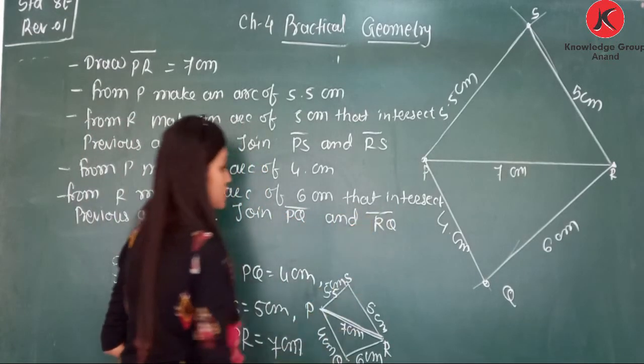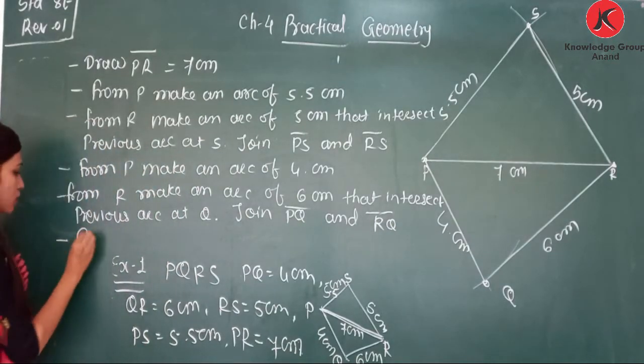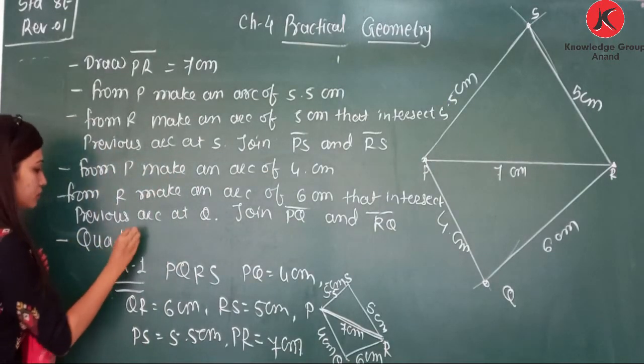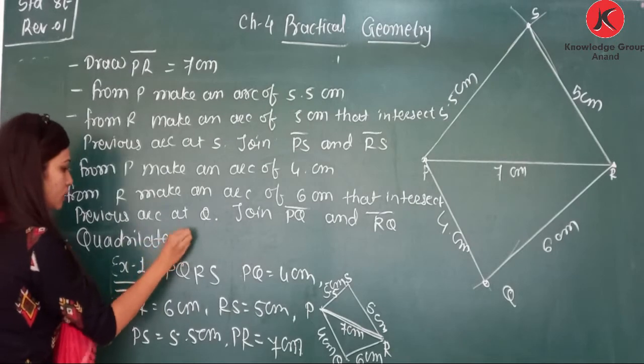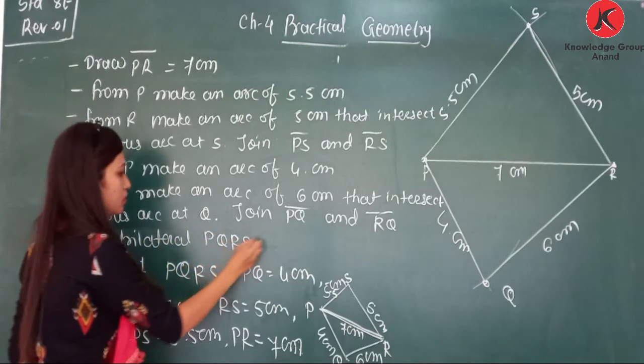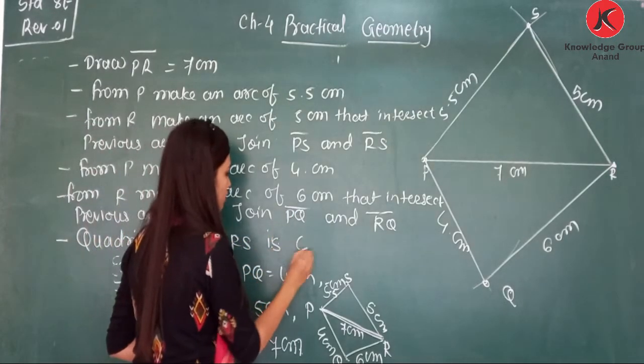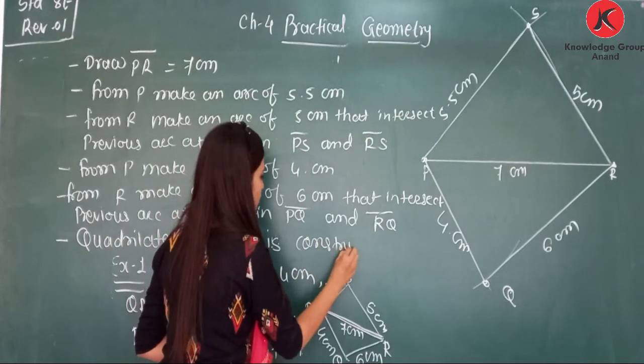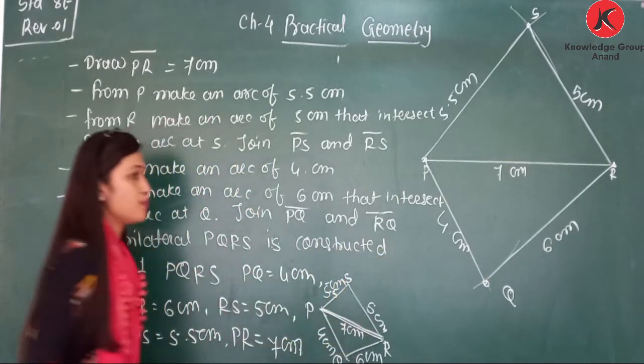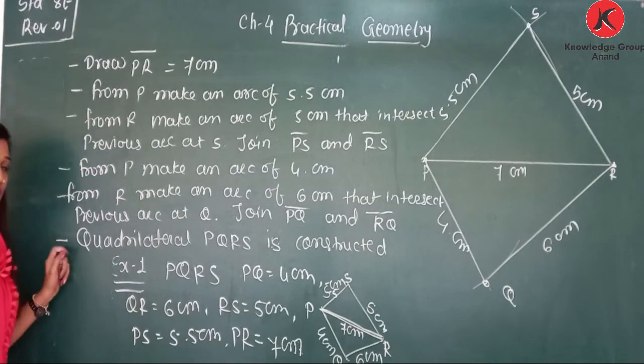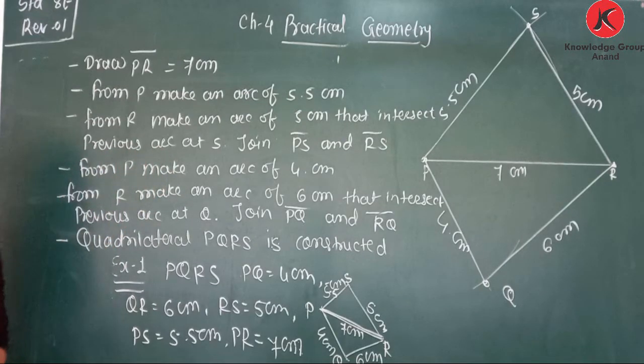So these are the steps, and our quadrilateral PQRS is constructed. You need to write steps in your own words. Write the steps as you follow the figure.